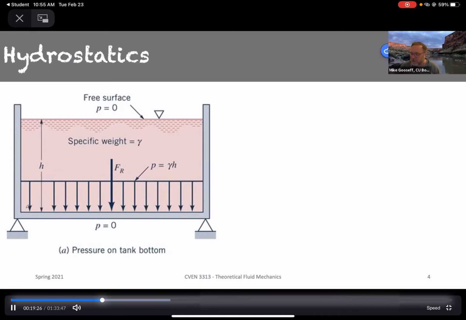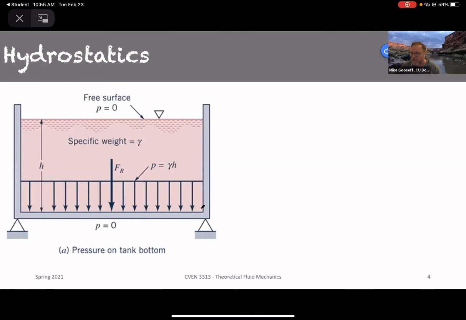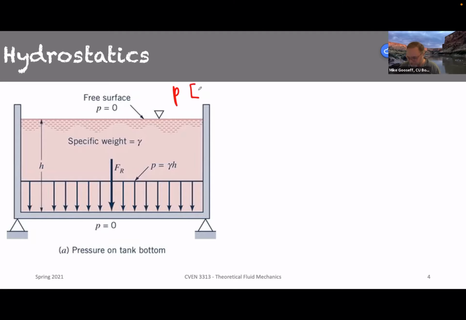At the pressure distribution on the bottom of this tank, if that bottom is horizontal, then all of those pressures are identical. So the pressures down here are identical, all of these P's. If we want the total force that's acting as a result of that, remember we said that pressure has dimensions of force per unit area, or force per length squared, right?